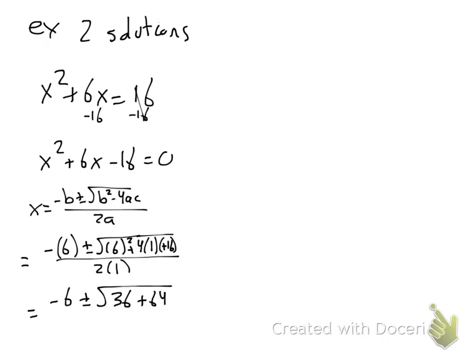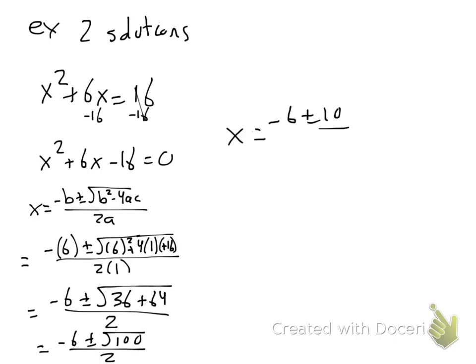So plus 64. All of that will be over 2, equals negative 6 plus or minus the square root of 100 over 2. And now you just have to evaluate. Everybody should know what the square root of 100 is. And so x equals opposite of 6 plus or minus 10 all over 2. Now, negative 6, 10, and 2 are nice numbers, so I will expect you to actually separate these and evaluate them for their value.